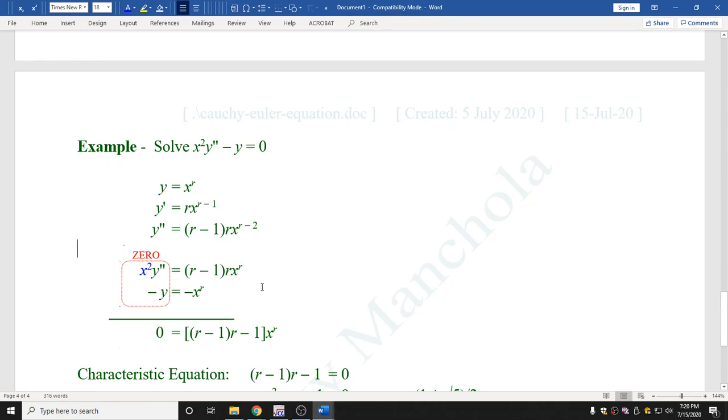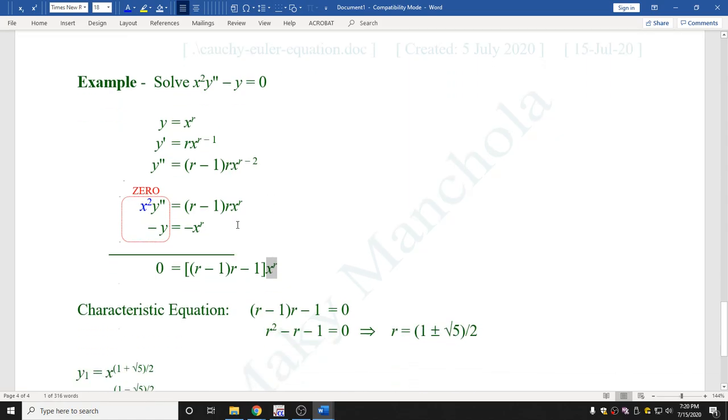Okay, on the right, we got to do the algebra. Notice that we have r minus 1 times r x to the r minus x to the r. We can factor out the x to the r. That's a common factor. When we factor out the x to the r, what are we left with? We're left with r minus 1, r minus 1.